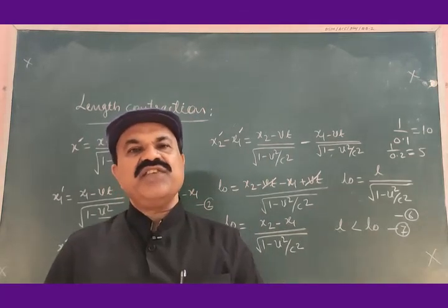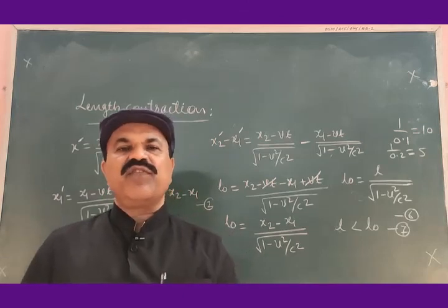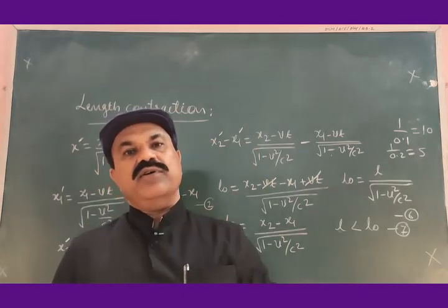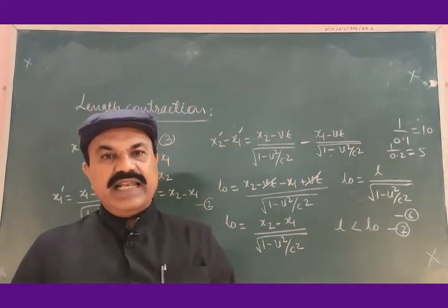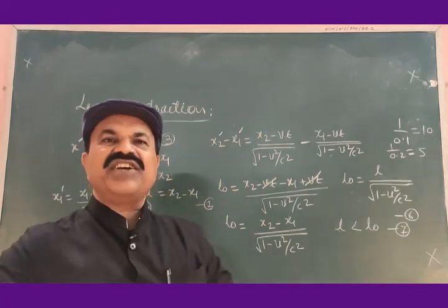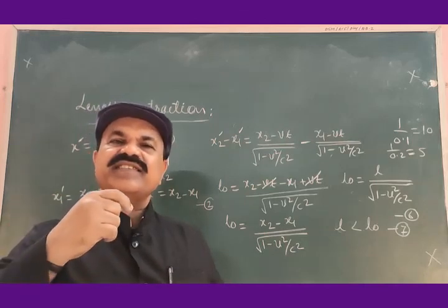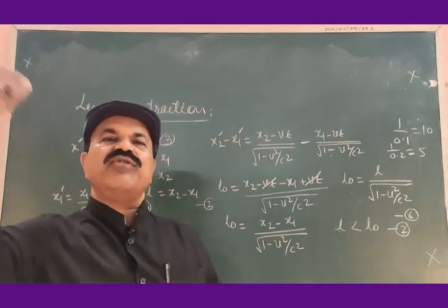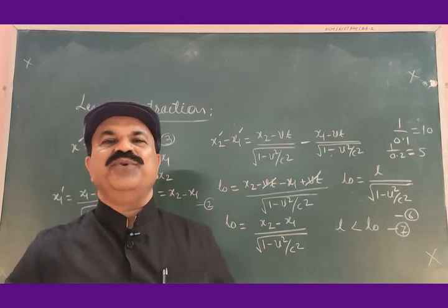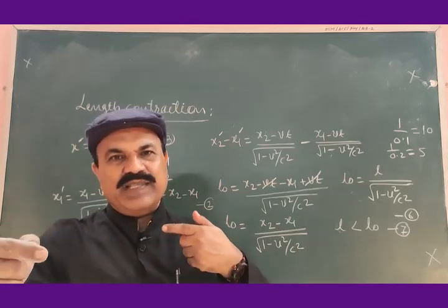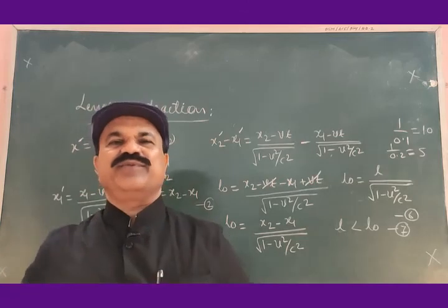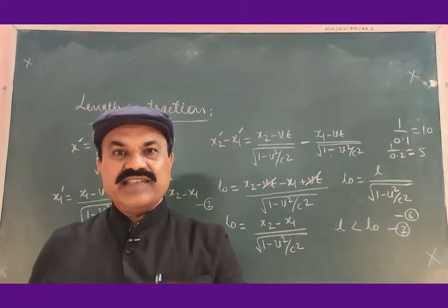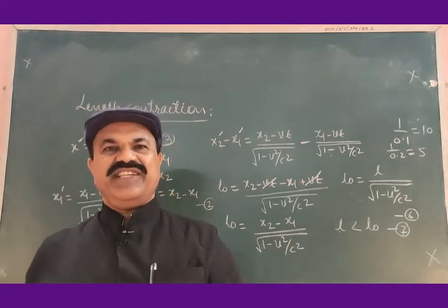If you continuously watch it, you will find that the length of the train is decreasing continuously. As the train goes more and more away from you, its length decreases more and more. This is the effect of relativity.